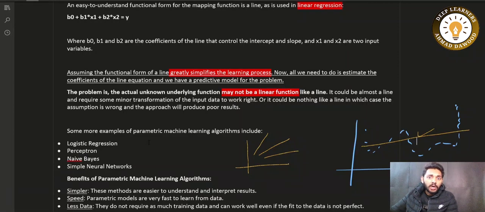Because all the models that we have discussed till now have some mathematical form before building the model. Like in linear regression you have some equation. In polynomial regression you have some equation having some degree of the input variables.